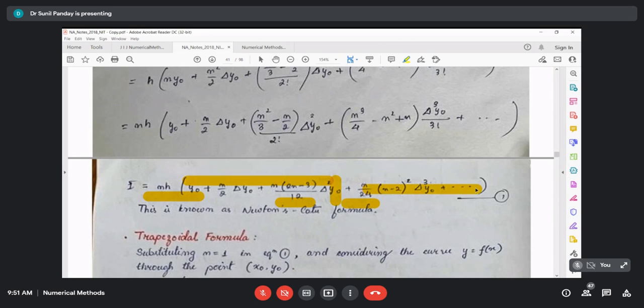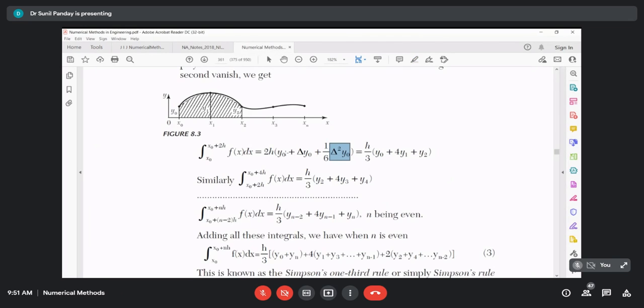Substituting n equals 2, it is 2h into y0, 2 upon 2 that is 1 into delta y0, 2 into (4 minus 3) that is 1 upon 12, so 2 upon 12 is 1 upon 6. Finally I have y0 plus delta y0 plus 1 by 6 delta 2 y0.